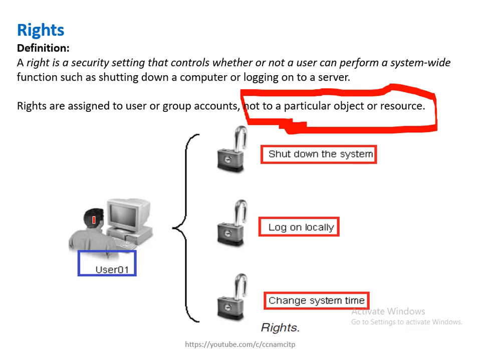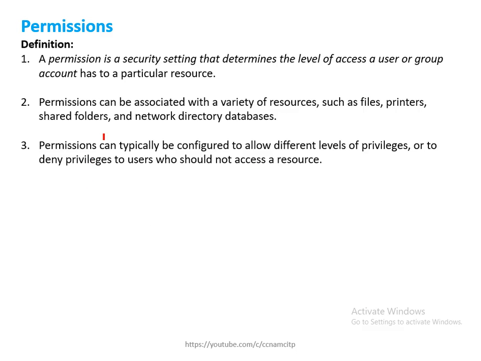That is the difference between rights and permission. Permission can be associated with a variety of resources such as file, printer, share folder, network directory, databases. So we can apply permission to these kinds of resources.